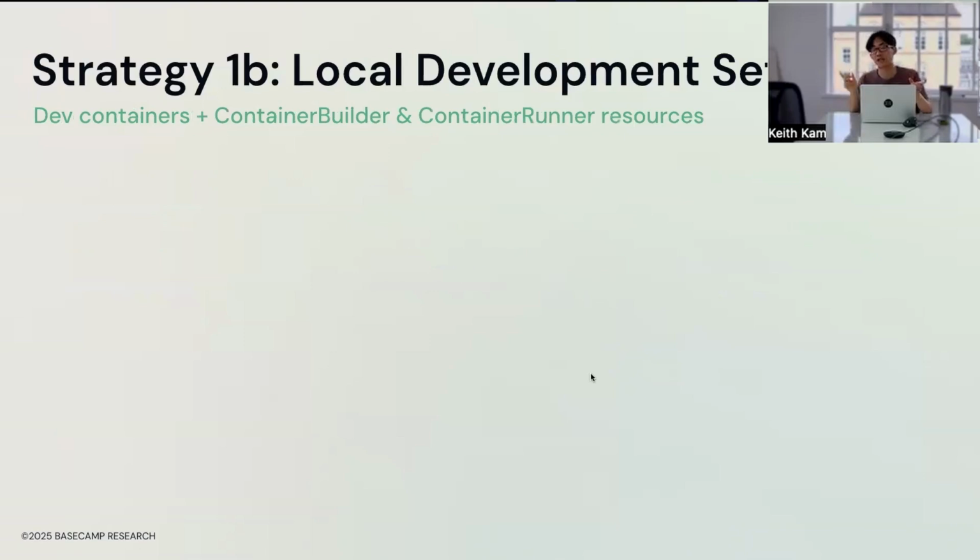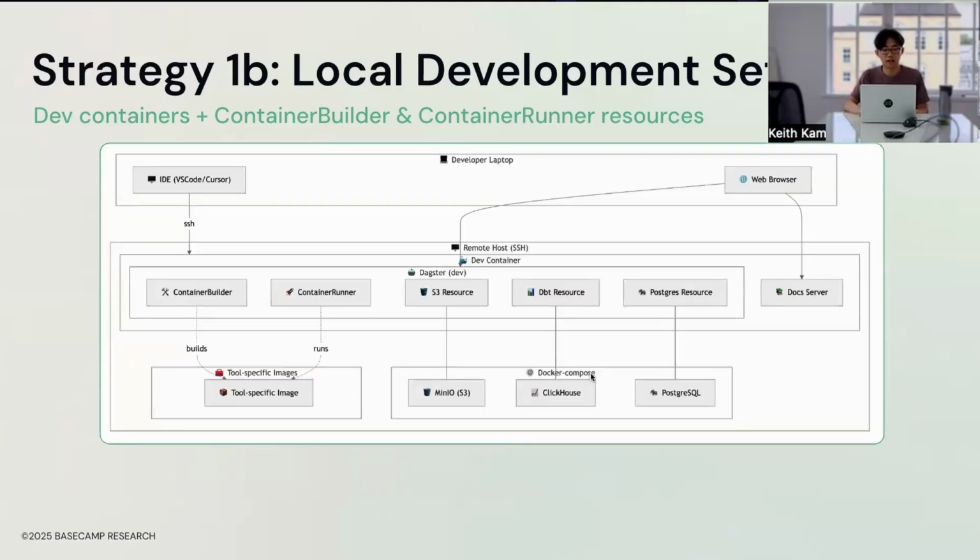So this also leads into a broader problem space, which is how do you actually develop these pipelines? Installing the tools is one step of the challenge, but the second step, if you step a little bit further back, is all of the different interacting components that you would have inside of your production data platform. So for us, that's looking at using developer containers, and specifically its Docker Compose setting. Developer containers are a feature inside of VS Code and its associated friends, so all of its forks.